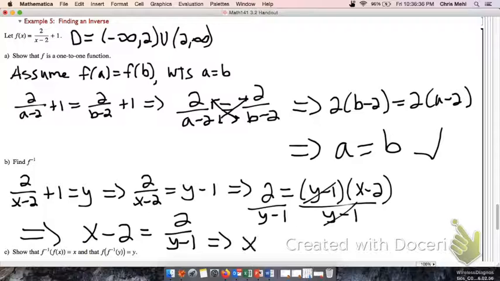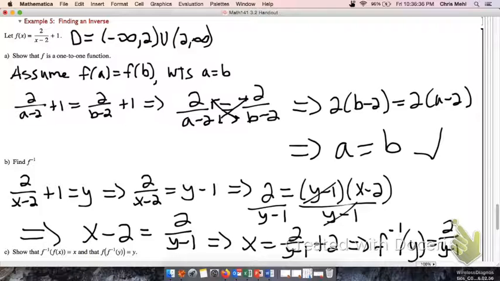Then I'm going to add 2 to both sides. And then step 2 of finding the inverse says replace x with f inverse of y. That's 2 over y minus 1 plus 2. Okay, so there's the inverse function.